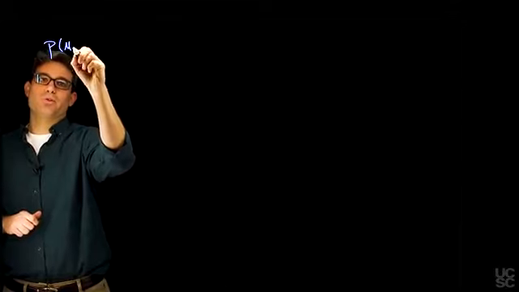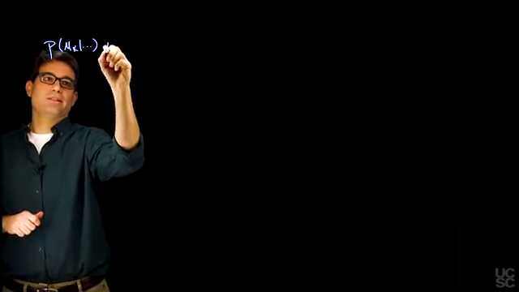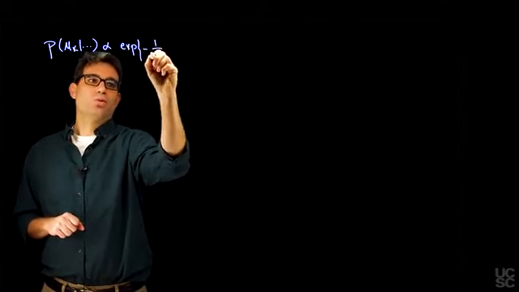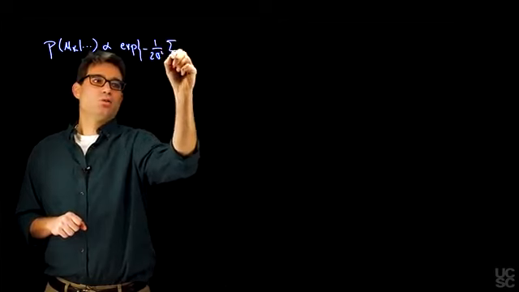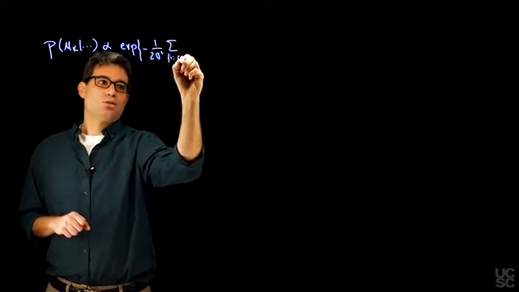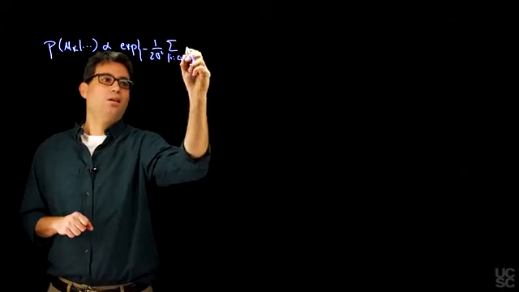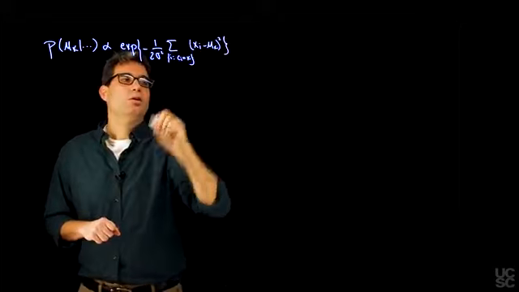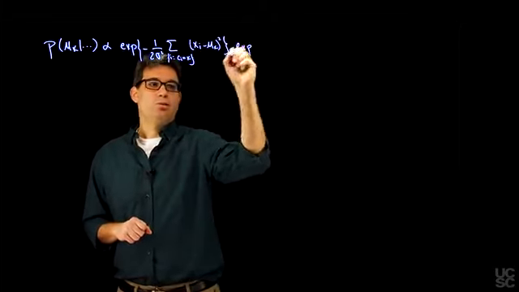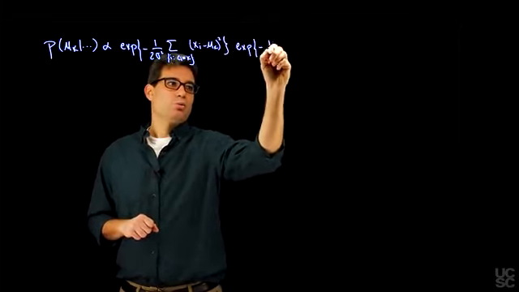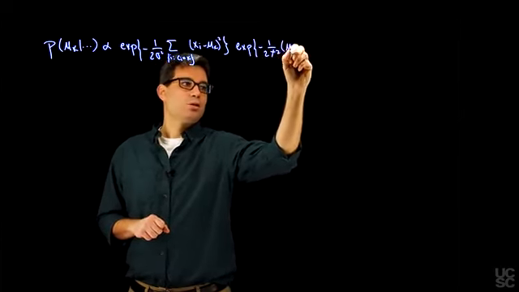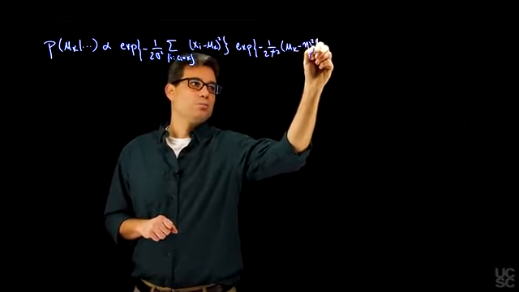We just derived a form for our full posterior for mu sub k. And it's still proportional to the exponent of minus 1 over 2 sigma square sum over the i's such that c sub i is equal to k of x sub i minus mu sub k square, multiplied by the term that comes from the prior, exp of minus 1 over 2 tau square mu sub k minus eta square.